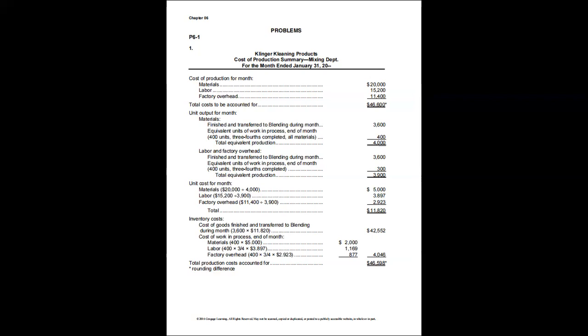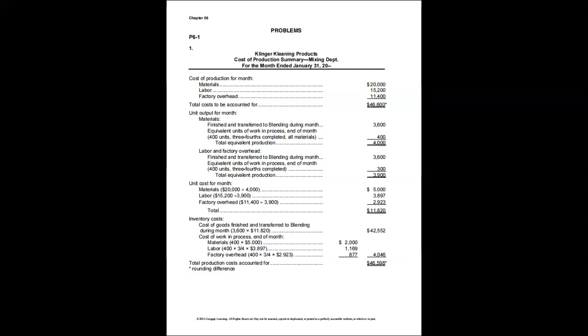Now for the cost of goods finished and transferred to blending, 3,600 units, we multiply by the unit cost of 11.82, you get 42,552.